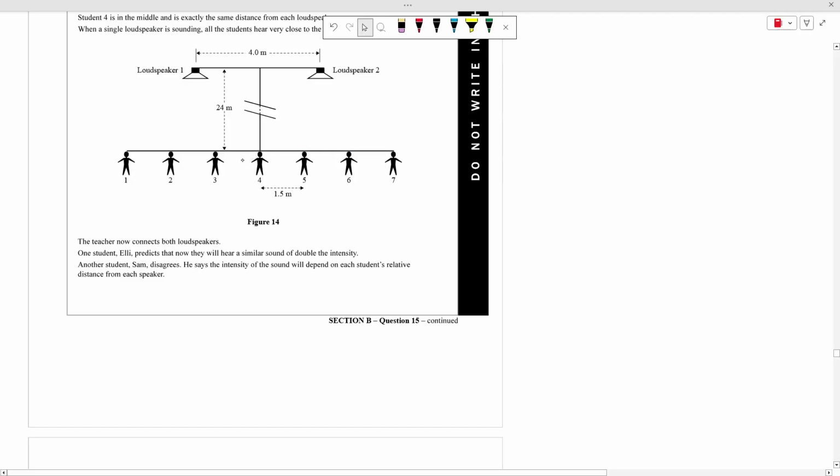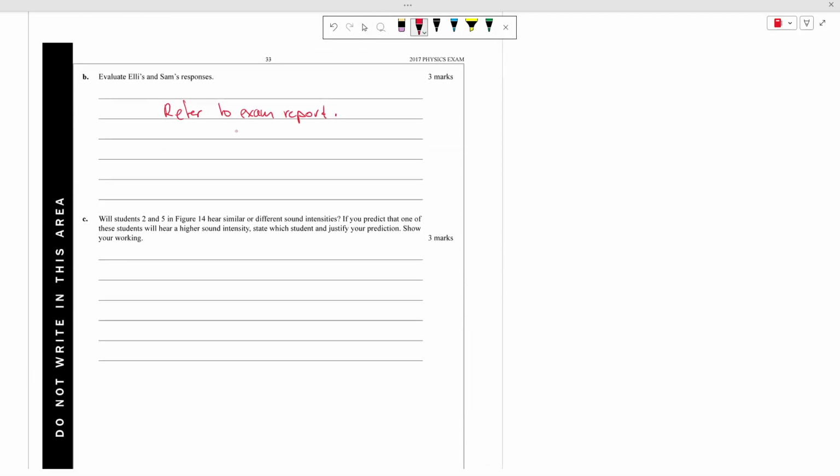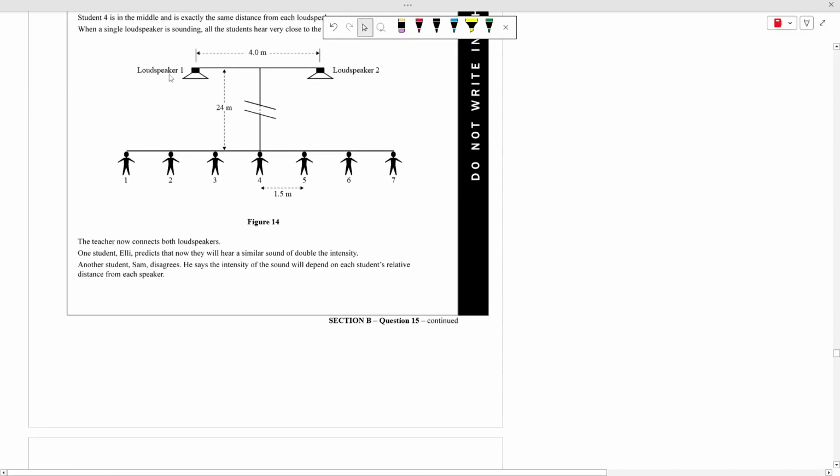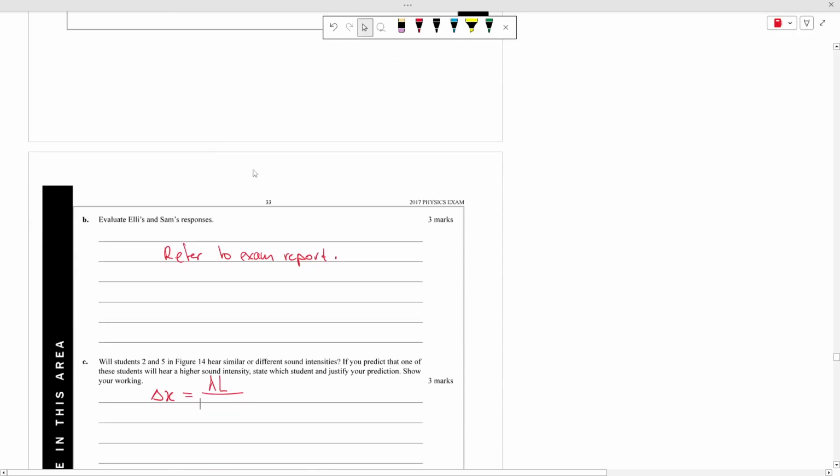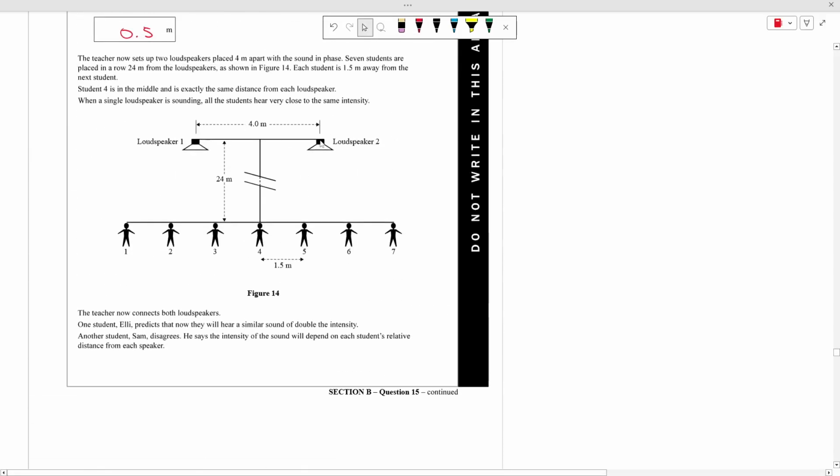Sorry. So that formula is delta x equals wavelength times distance to, in terms of this equation, the distance from the speakers to this line of kids, and that's all over d, which is the distance between the speakers themselves.